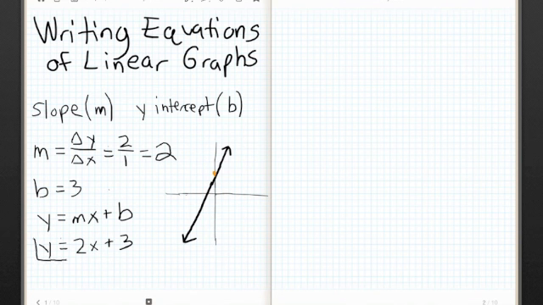And there we go, that is the equation of this line. What this means is that if you pick any point, its y is equal to 2 times the x coordinate of that point plus 3. This equation is true for any point on this line.